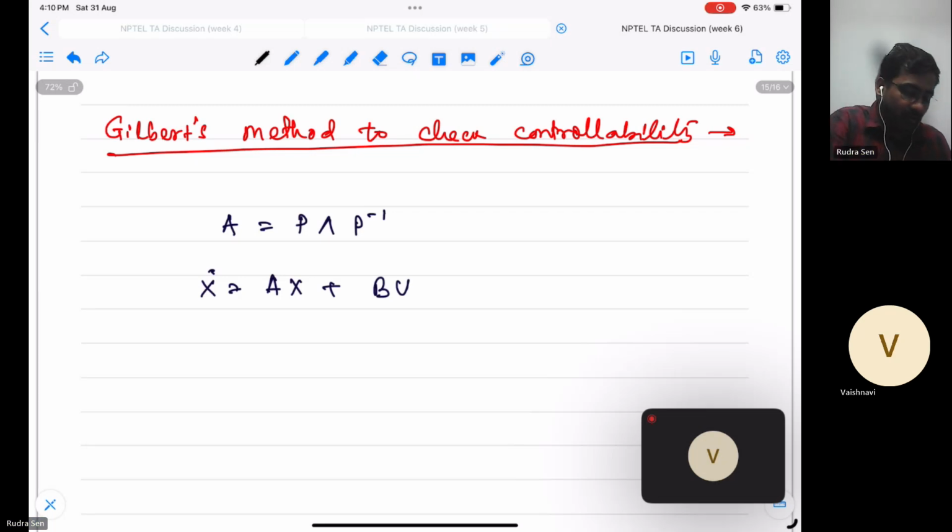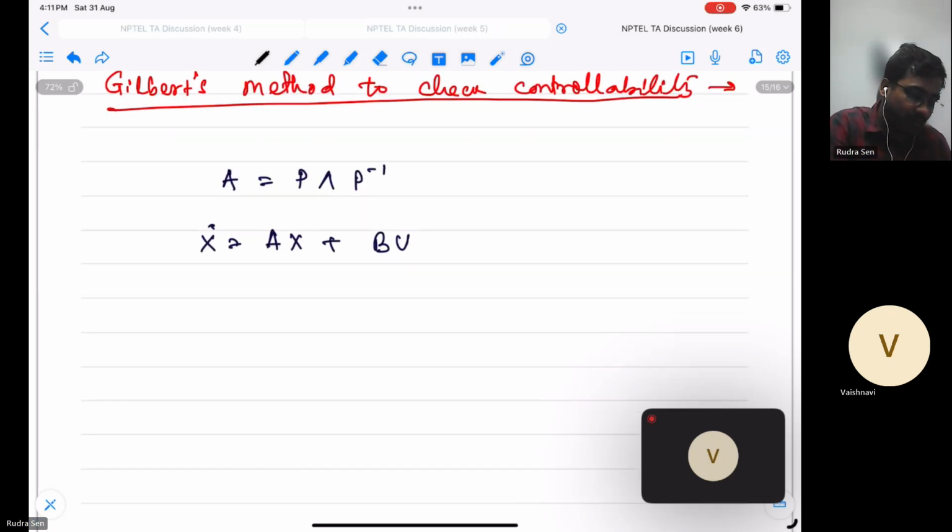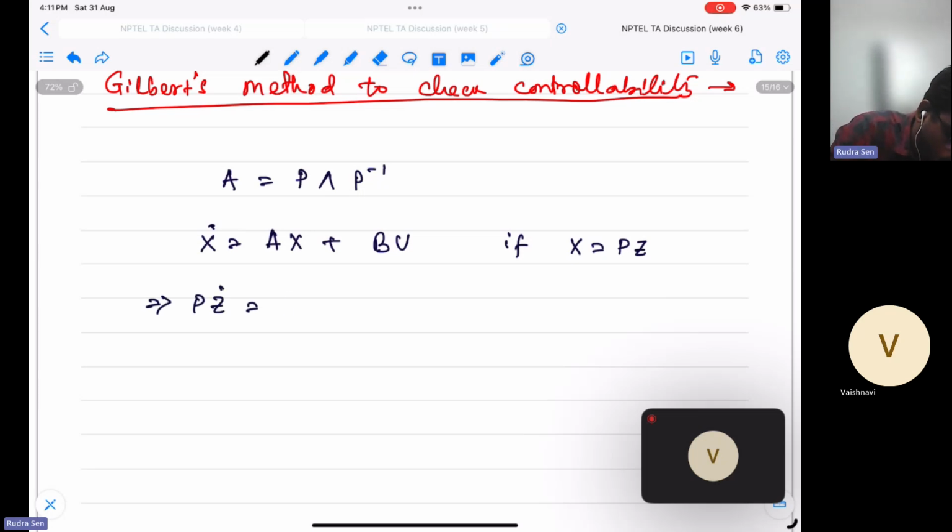If we consider X equals P Z, we get P Z dot equals A P Z plus BU.